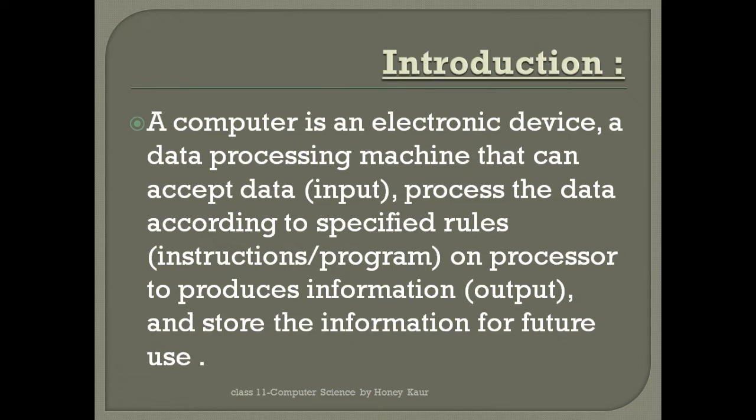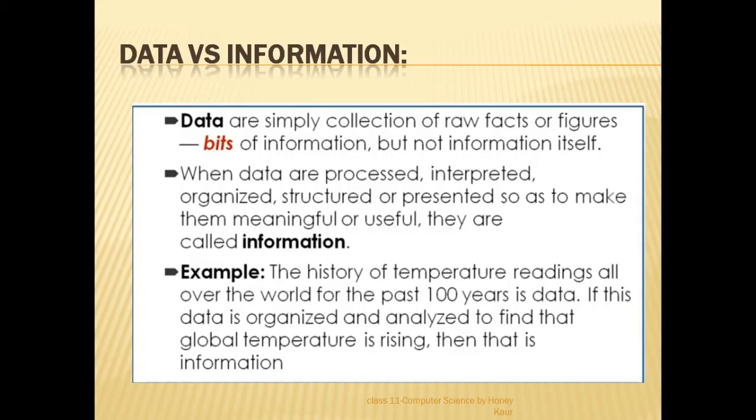So computer is a combination of many things together. It is an electronic digital device that processes data and shows the information on the output screen for future use. Coming to data and information, these two are different terms. Data simply means a collection of raw facts or figures, that is bits, but not information itself.